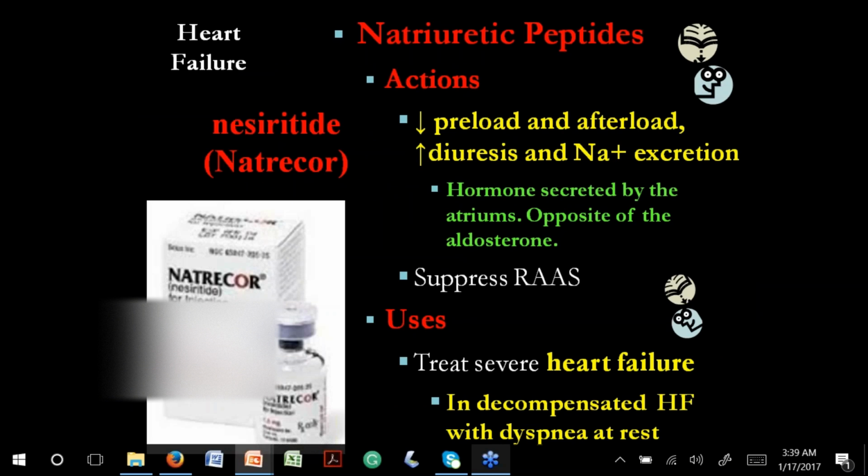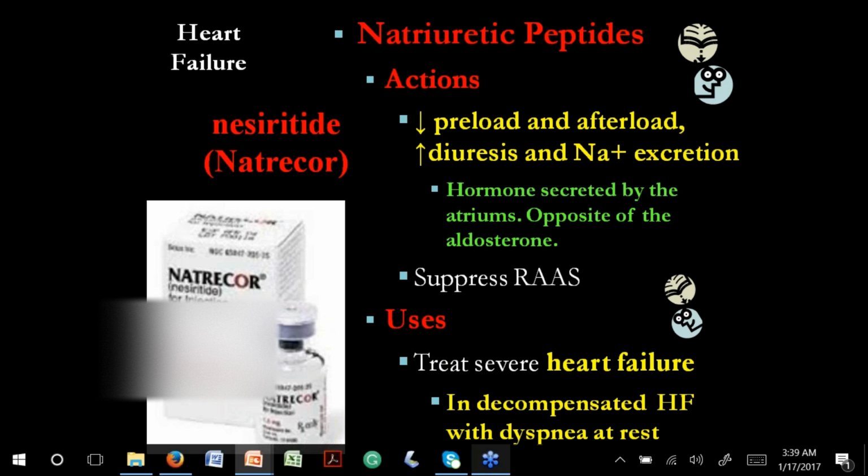Then we have the natriuretic peptide. Natriuretic peptide is nesiritide, Natrecor, and what it does is the opposite of aldosterone. What does aldosterone do? Reabsorption of sodium and water. So the natriuretic peptide does the opposite: excretion of sodium and water.